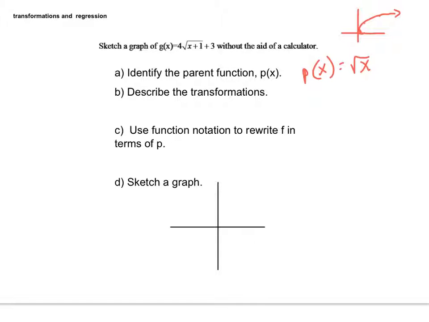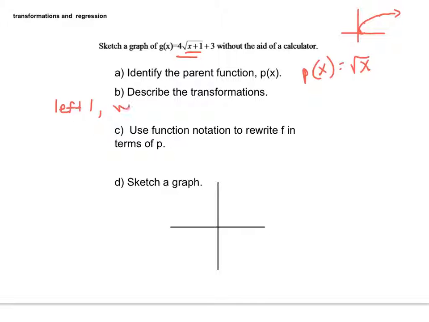If I know that basic shape, we're just going to transform it. So, working from the inside out, if I filled in a number for x, I'd need to add 1 to it. That's going to shift it left 1. Then I would take square root, which is going to give us a shape. Then I would take it times 4, which is not going to reflect it because it's not negative.